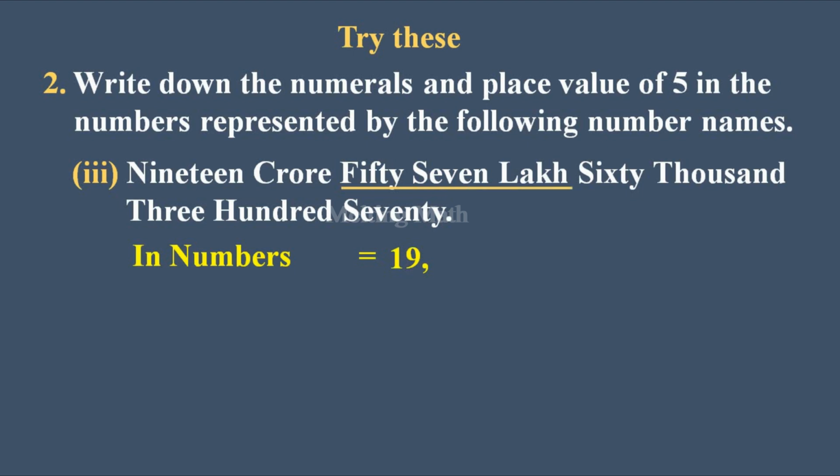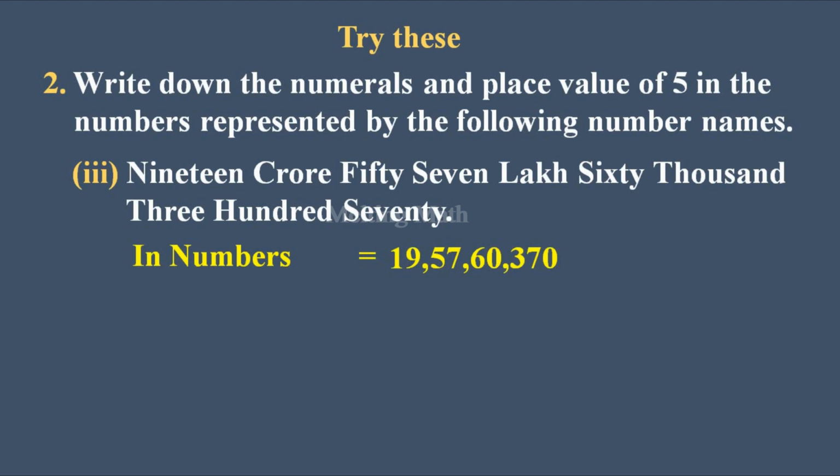So just write 57, then put a comma because these two digits come under the lakhs period. Next 60,000. So just write 60, then put a comma because these two digits come under the thousands period. Next 370, just write 370. So these three digits come under the ones period. Okay. I hope it is clear. This is how we have to convert the words into numbers.